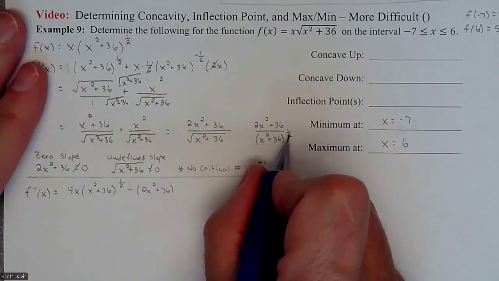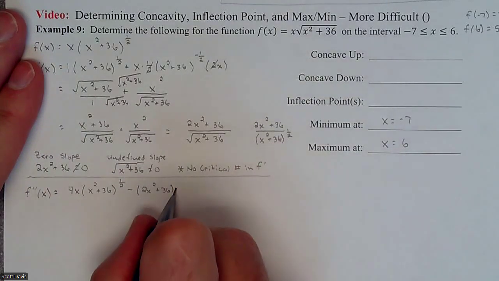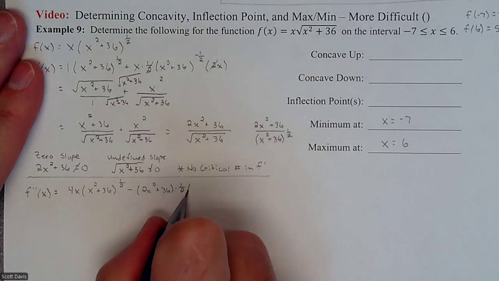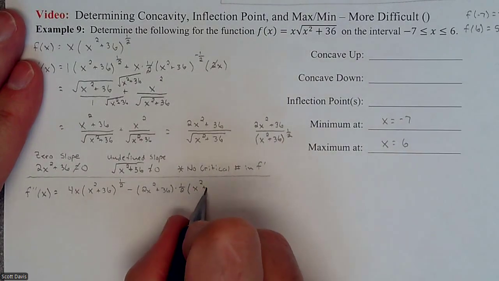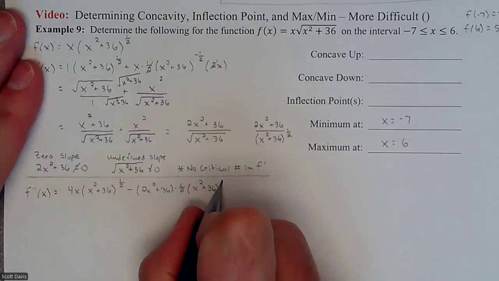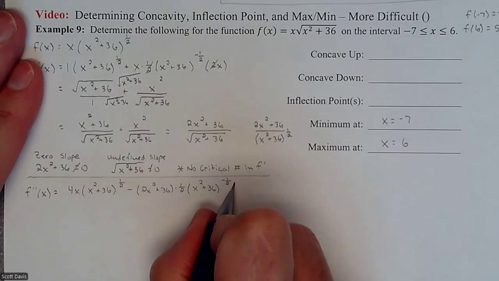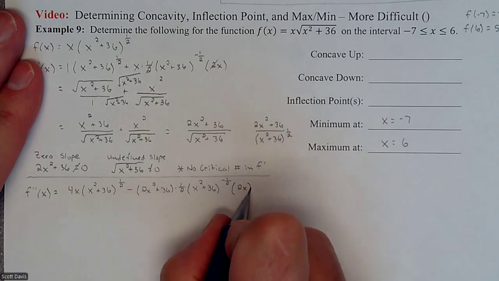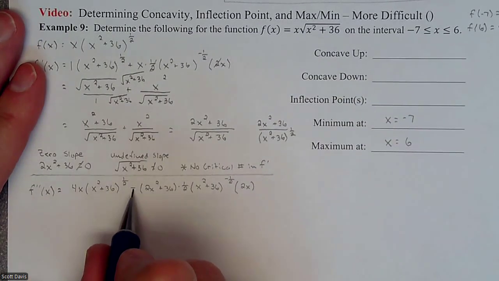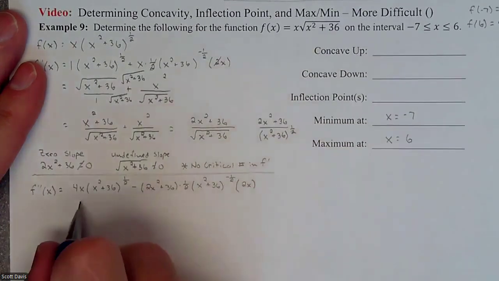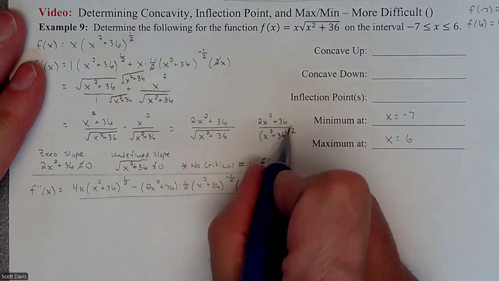Derivative of the bottom requires chain rule. So we'll bring our 1/2 power down, and then it's x squared plus 36 to the -1/2 power times the derivative of the inside, chain rule. All right. So there's the derivative of the top times the bottom minus the top times the derivative of the bottom divided by the bottom.